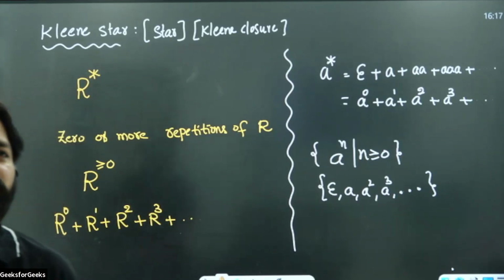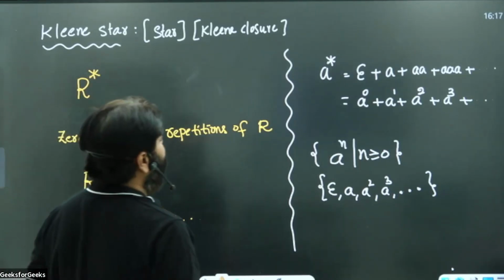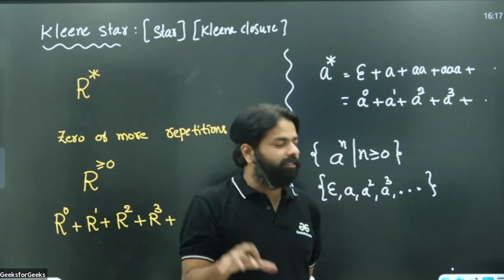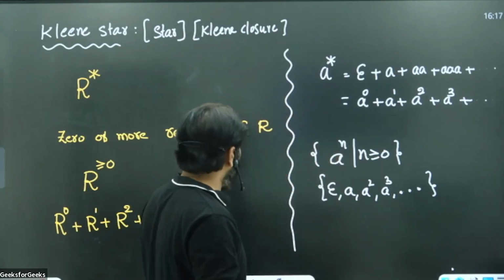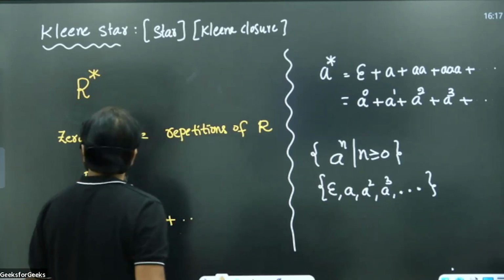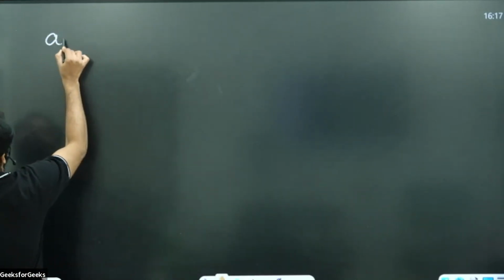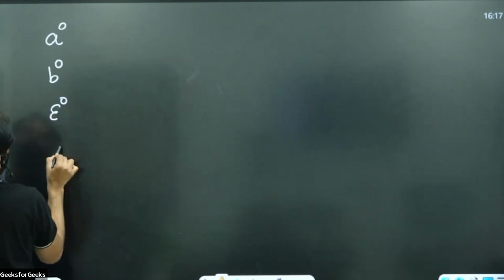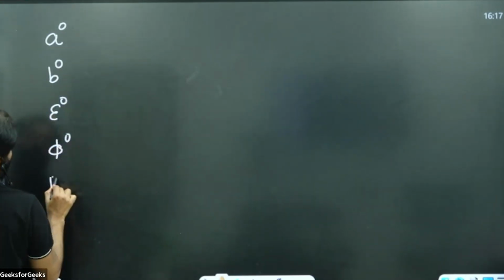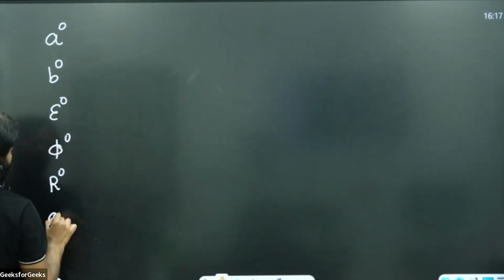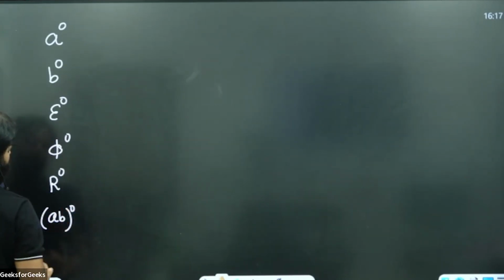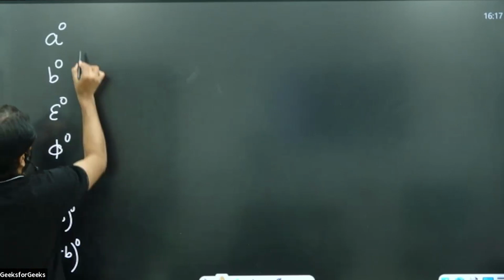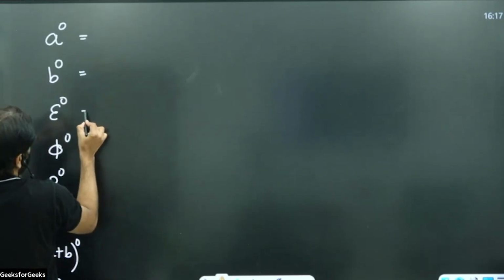Able to understand what is Kleene star? If you write anything power star, it means that you can repeat zero or more occurrences. Here power 0 is very important. The power 0 of a, b, epsilon, pi, R, and ab, anything, a plus b power 0, what will you answer?